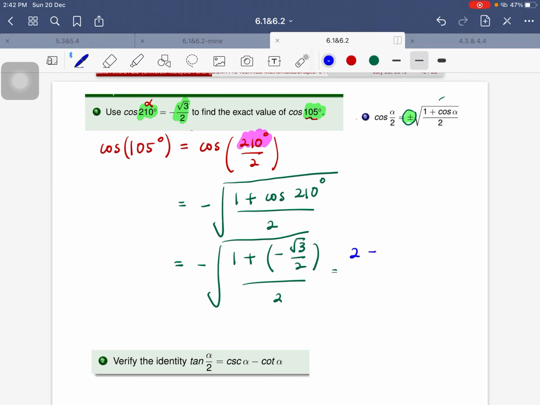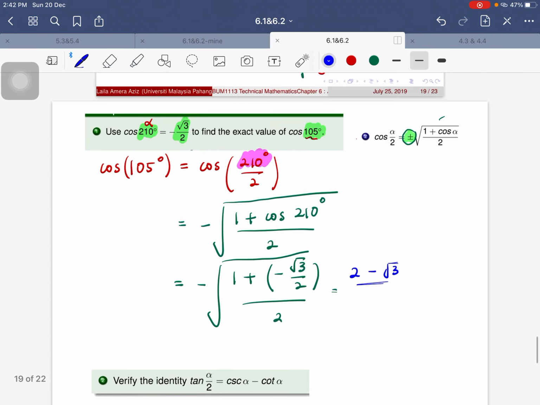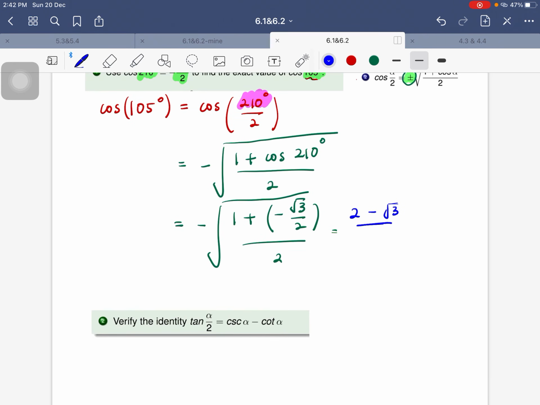I'm going to write that this is going to equal 2 minus square root 3 over 2. So divide by 2, with a negative square root, and this is actually equivalent to 2 minus square root 3 over 4, negative square root.